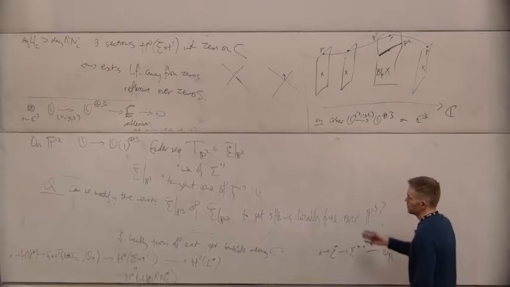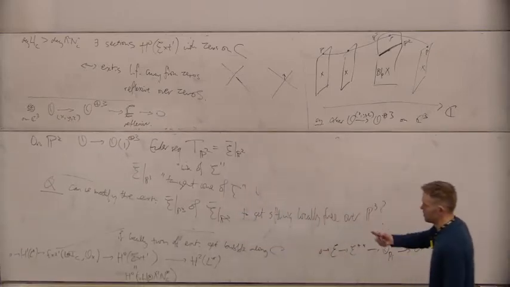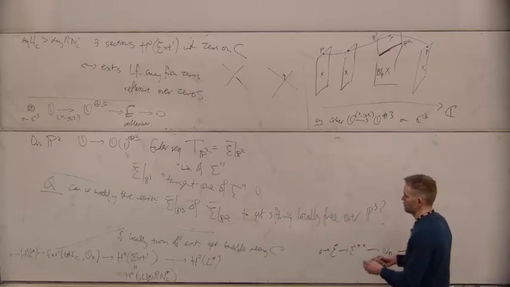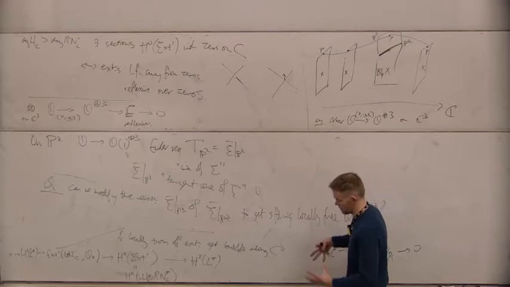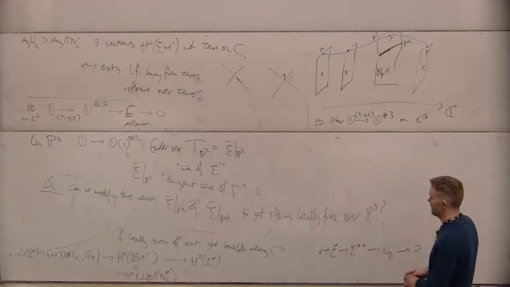One can do this to any sheaf, a reflexive sheaf or some subsheaf of that reflexive sheaf. I want to modify it at the singular point, so I blow up the singular point and instead try and modify it over this whole P3.